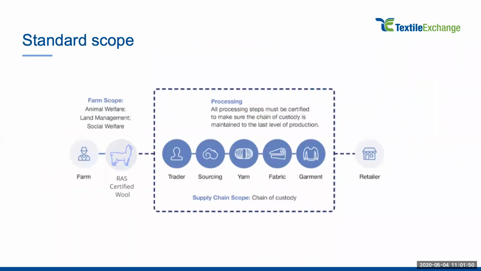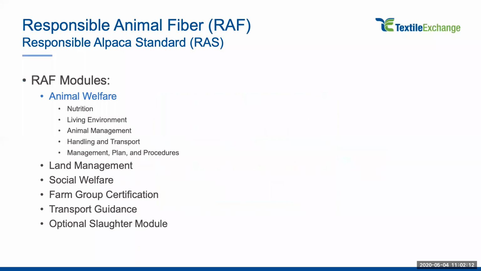So the standard follows the same structure with a farm scope, and at the farm, animal welfare, land management, and social welfare is addressed. And the processing part of the supply chain follows the same model that all Textile Exchange standards use. So the requirements are set out in the content claim standard. Next slide, please.